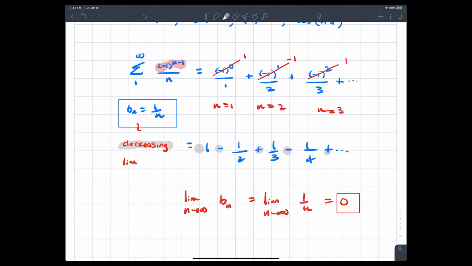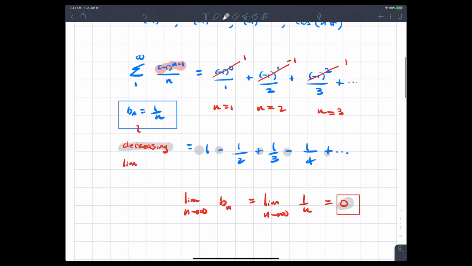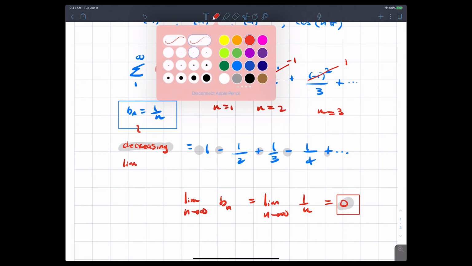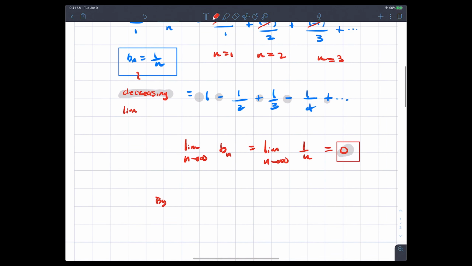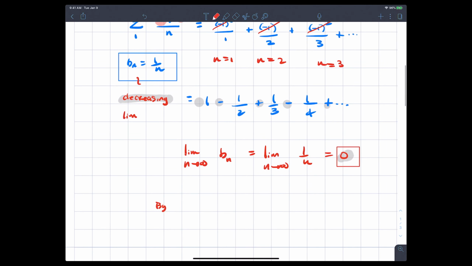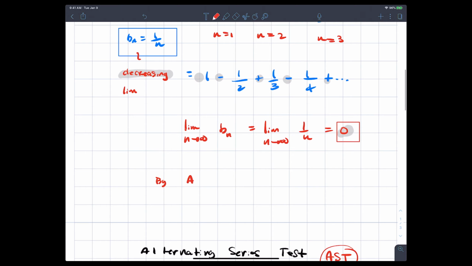Now, why is that important? Because by the alternating series test, here's what we get to say: the original series they gave us converges.